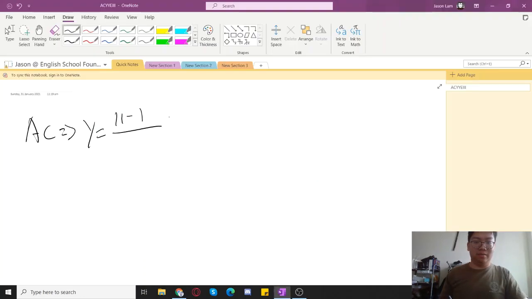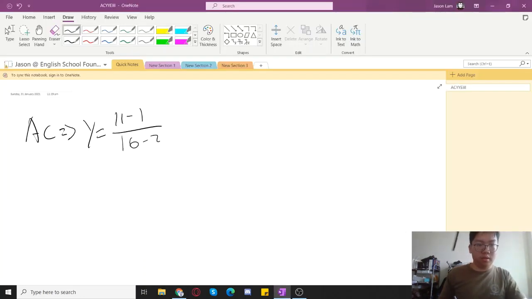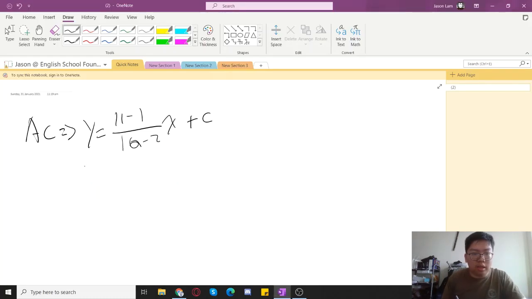Oh, my brain is just not working. Oh yeah, it's 10. 10 minus 2. Okay, we get that is equal to 10 over 8, which is probably x plus c. Yep, okay. C we need to work out as well, so let's just roll with this.